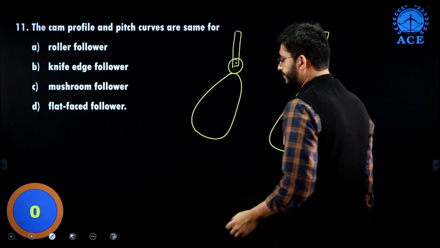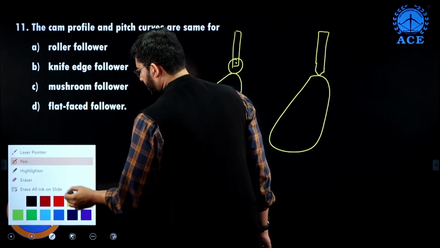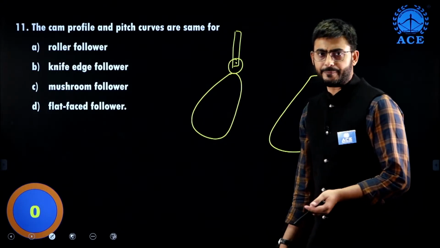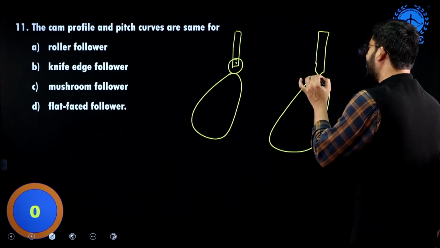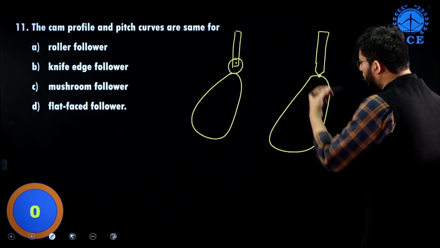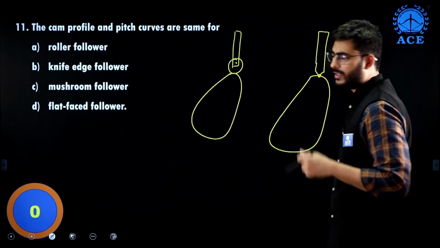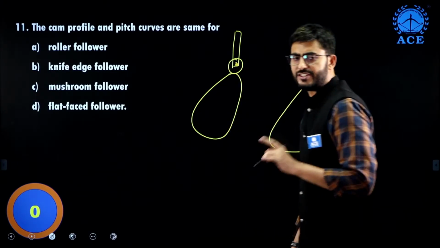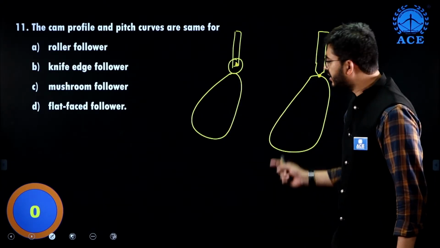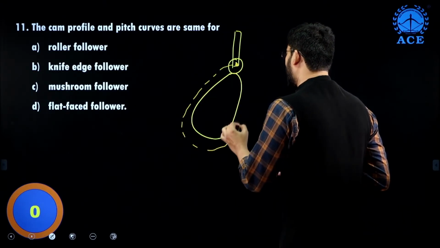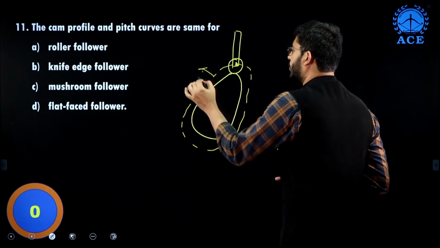Now guys, here the trace point, the reference point for the knife edge follower, is the point of contact, and this point is going to move along the cam profile, whereas the trace point here will be the center of the roller follower, and this is going to move along the cam, and this we call the pitch curve.